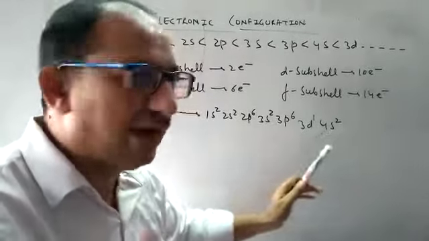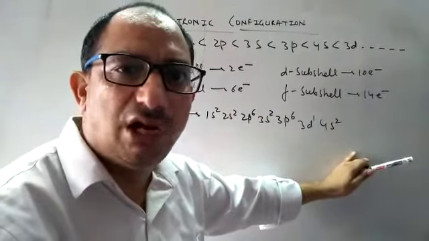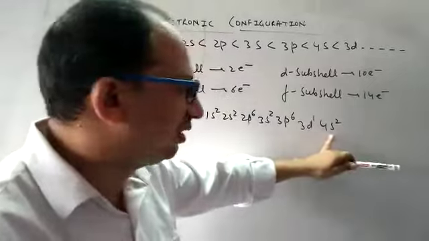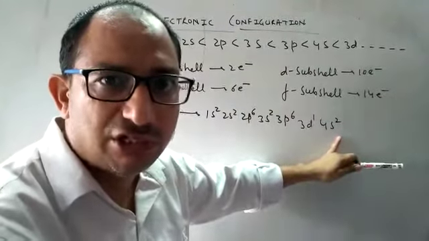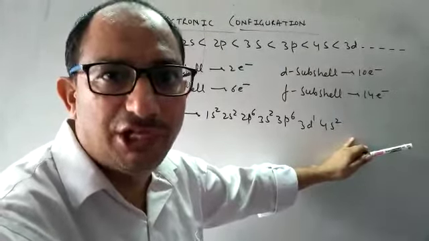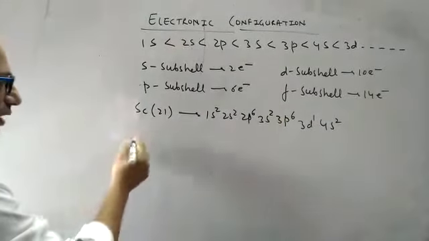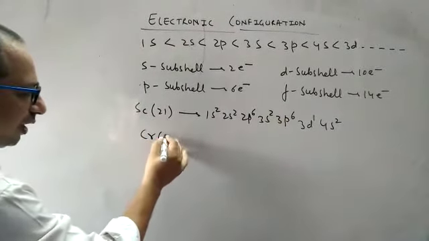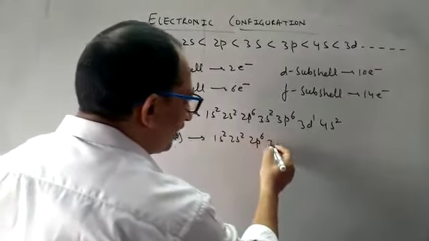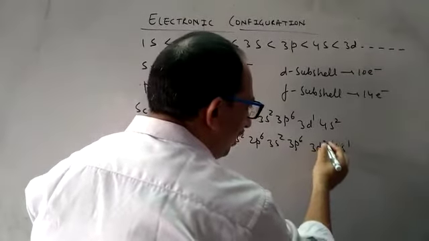But it's my suggestion that we write in this way, 3d1 4s2, so that we can't make any mistake while writing the configuration of ions, because electrons are first removed from 4s, and many times when 3d is written after 4s, we remove the electrons from 3d and make the configuration wrong. So 3d1 4s2.